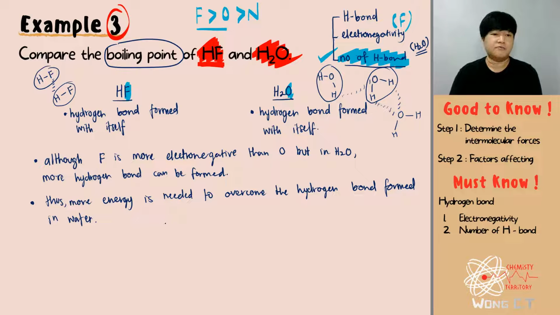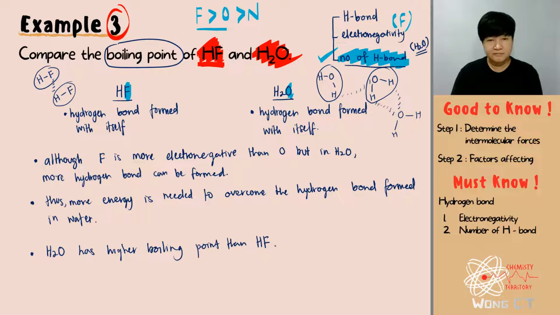Okay? And when more energy is needed, automatically your H2O has higher boiling point than your HF. So when we are comparing HF and H2O, the factor affecting is not electronegativity but the number of hydrogen bonds. Bear that in mind, both of them can form hydrogen bond.